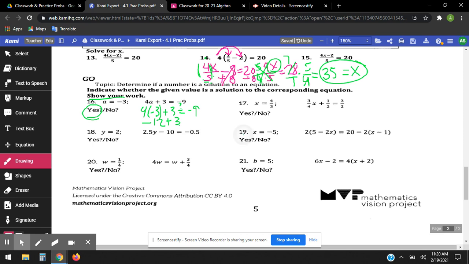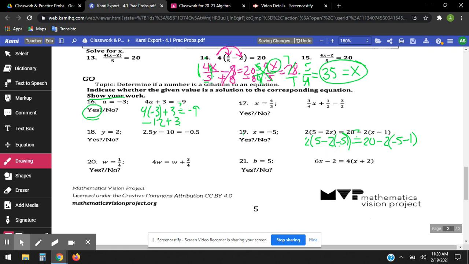Now let's jump over here to 19, where it's a little more complicated looking. So z is -5. So I'm just going to go ahead and plug in the -5 and use my order of operations to check this one. So 2 times 5 minus 2 times -5, does it equal 20 minus 2 times -5 minus 1? Well, negative 2 times -5 is -10.